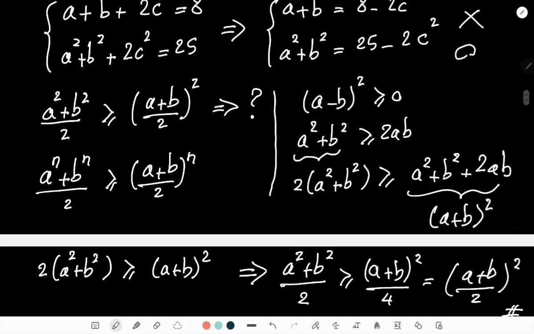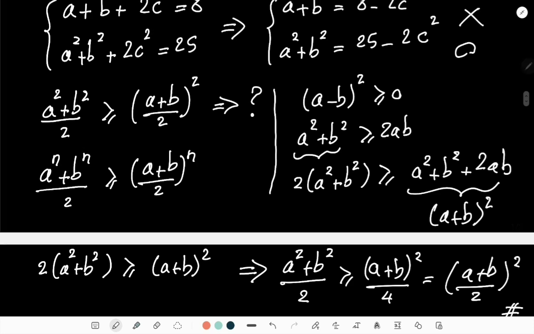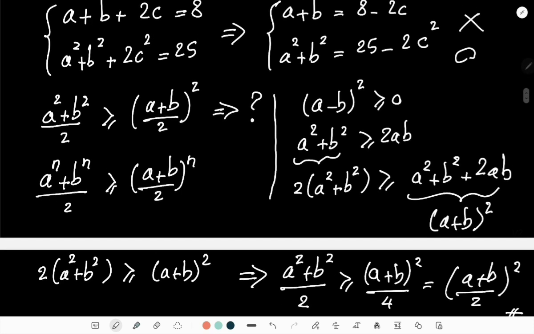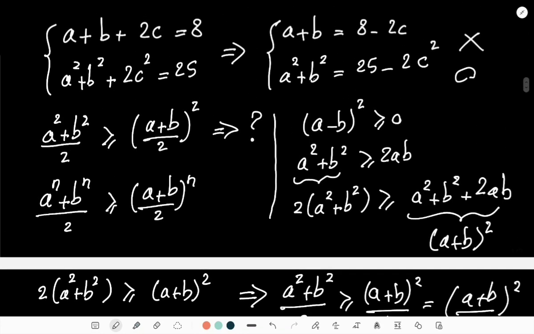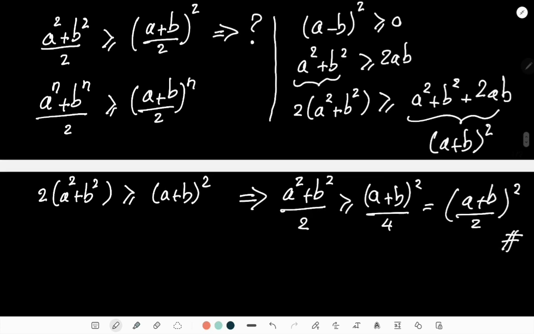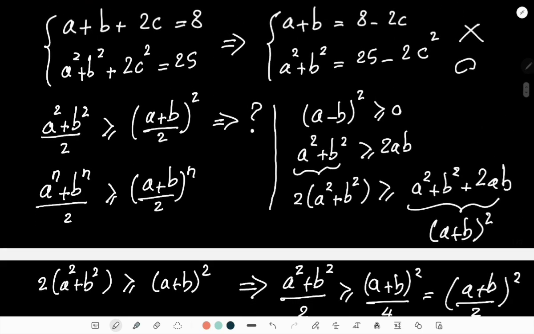I just need to replace a squared plus b squared with these expressions based on c. The same for a plus b. So a squared plus b squared is 25 minus 2c squared. So we have 25 minus 2c squared divided by 2 should be greater than or equal to, and a plus b was 8 minus 2c.